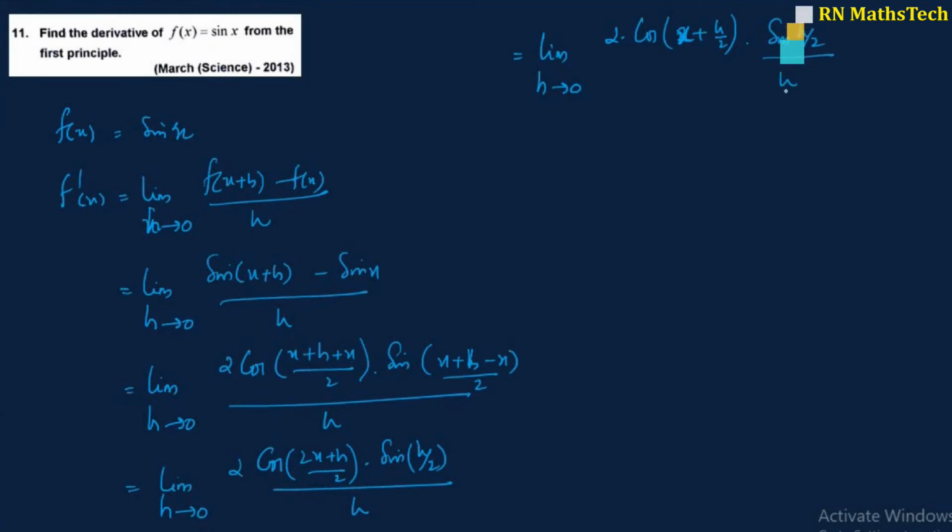So here we divide the denominator by 2 and multiply by 2. So these two get cancelled and the limit of this expression becomes 1 when h tends to 0. It will be cos x into 1, and the derivative of sin x becomes cos x. Okay.